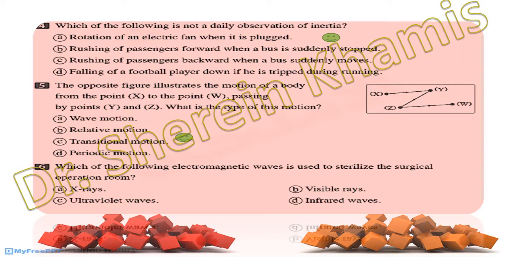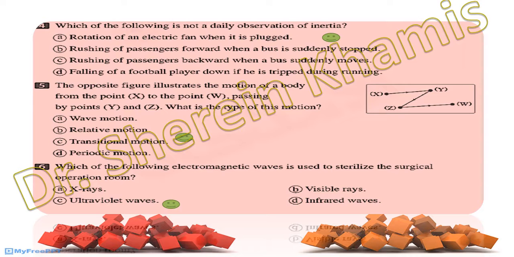Visible light is the ray that we use to see. Ultraviolet waves, we said, have high frequency. It is a kind of wave with high frequency that makes sterilization, or kills bacteria, and it is used in sterilizing surgical rooms.